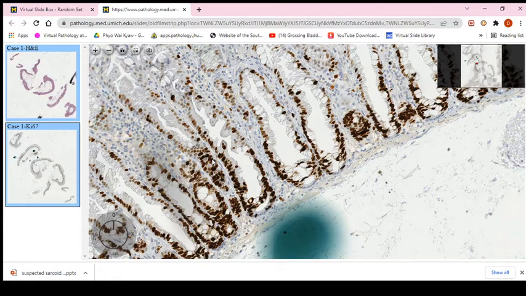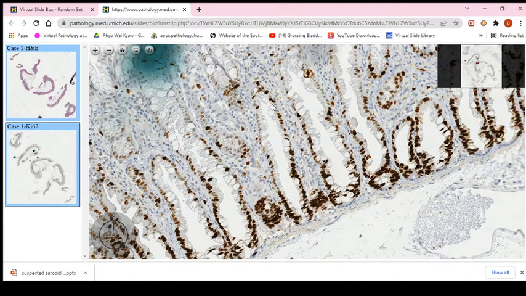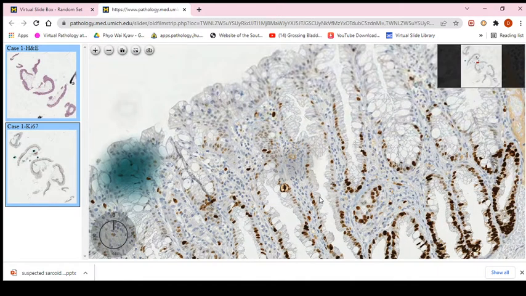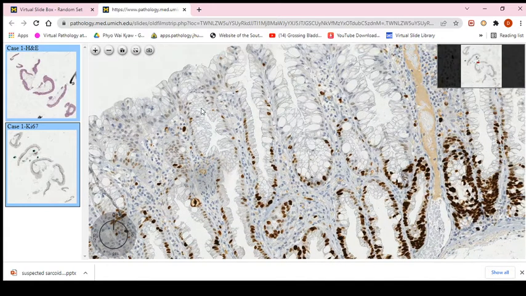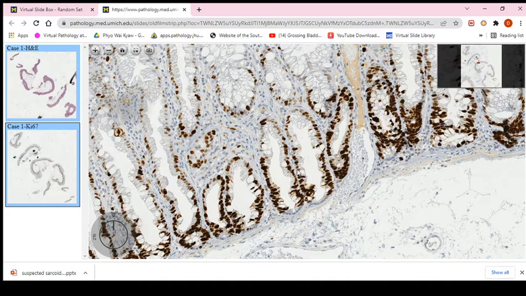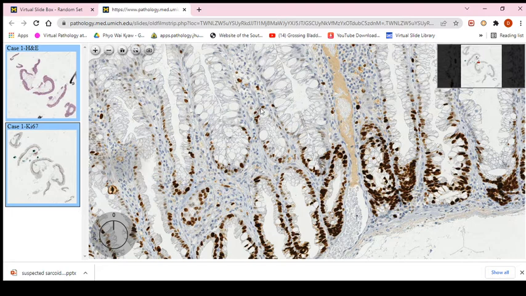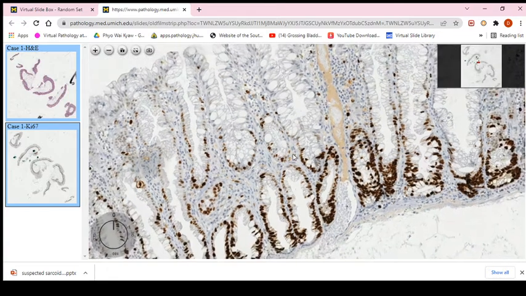Here in this example, we are seeing a much increased number of proliferative cells on this side, and on the other side it is not symmetrically proliferative. Some crypts are more proliferative than other crypts, and they are not necessarily symmetric. In this example, there is an increased number of Ki-67 positive cells, and on the other side there are fewer positive cells.